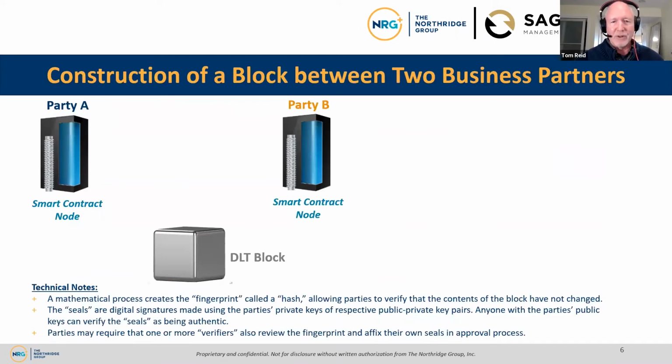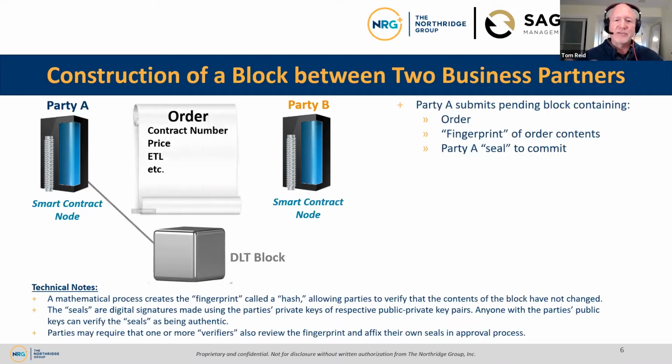In creating a block, use an example of an order for a circuit in the telecommunications industry. So we have party A that sends an order across. It becomes kind of a draft block. They use technology called hash to create a fingerprint for that order so that you can later see that what's in the order was what was originally in the order.